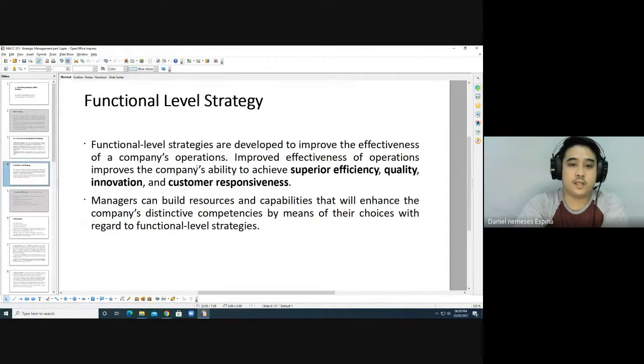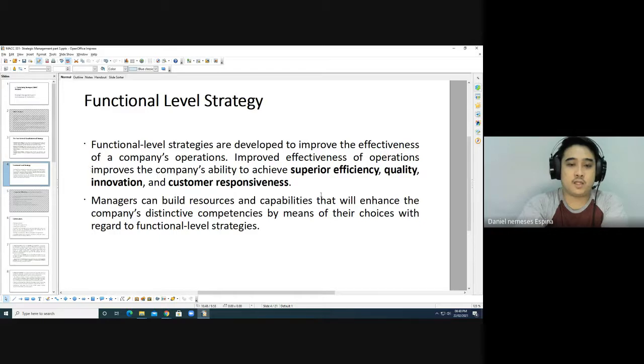So functional level strategies are developed to improve the effectiveness of the company's operations. The reason why we are trying to improve the business operations is because we want to achieve these four aspects. So we want to have superior efficiency, superior quality, superior innovation, and superior customer responsiveness compared with our competitors.